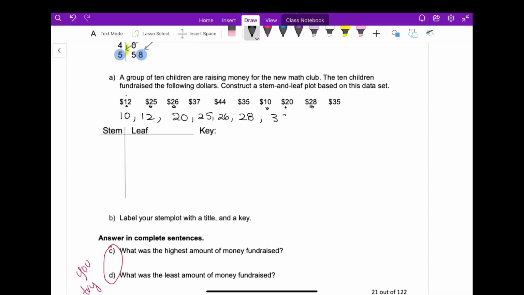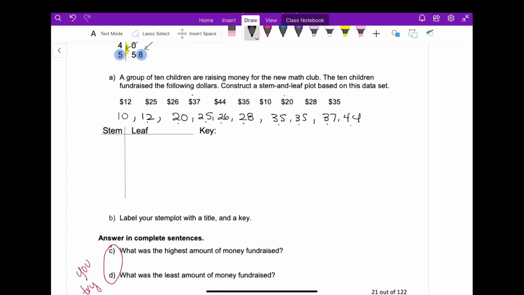So I see 35, 35, and 37, and lastly 44. Let's count these. 1, 2, 3, 4, 5, 6, 7, 8, 9, 10. And here are 1, 2, 3, 4, 5, 6, 7, 8, 9, 10. So I didn't miss anything. I have all my information written down.